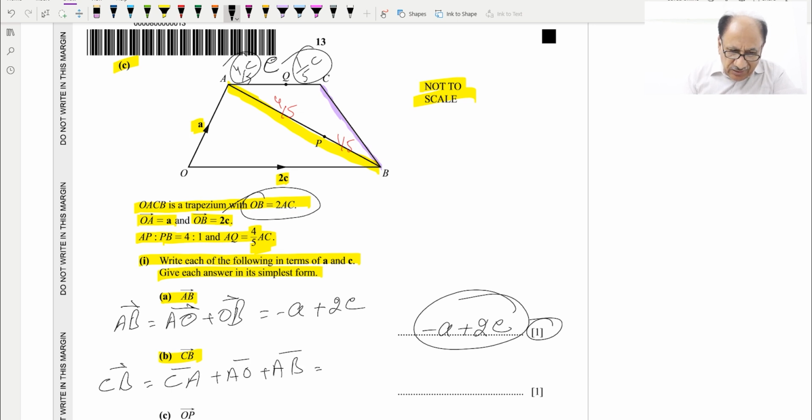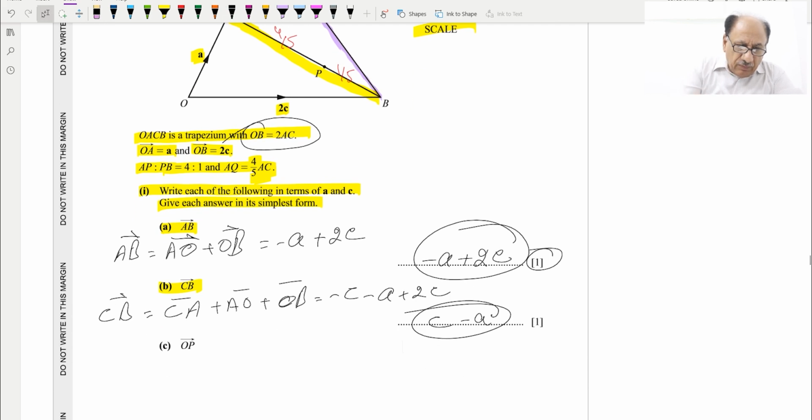We will take CA as minus C, plus AO as minus A, so this will be minus C minus A plus OB. It should be OB here. And now OB will be 2C. So the answer will be C minus A after simplification. This is also a 1 mark question.